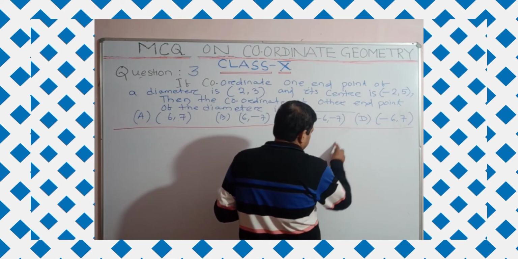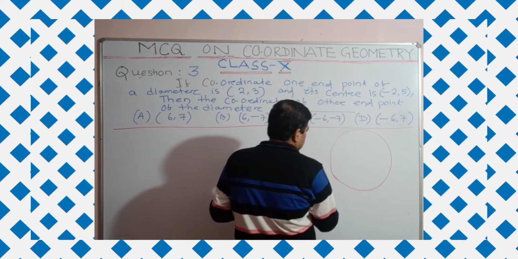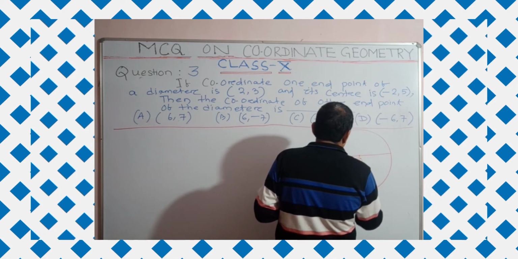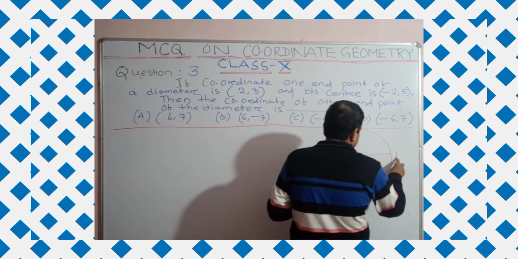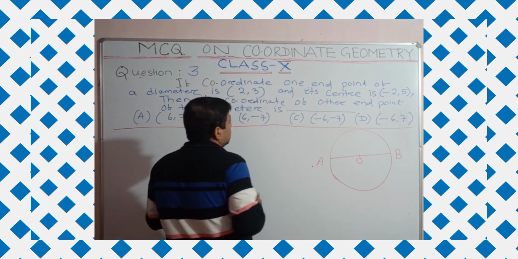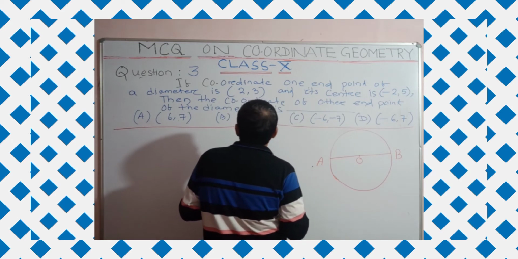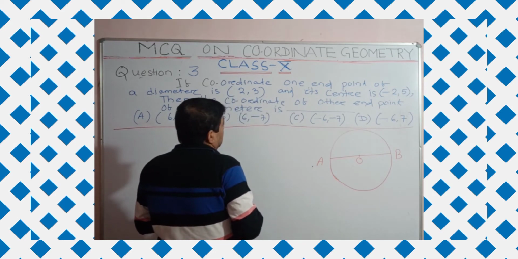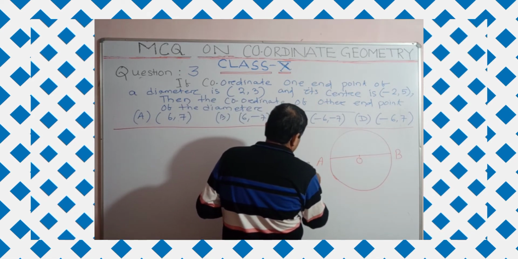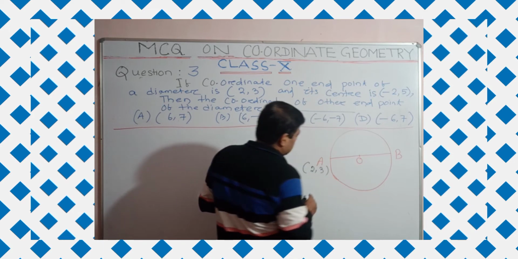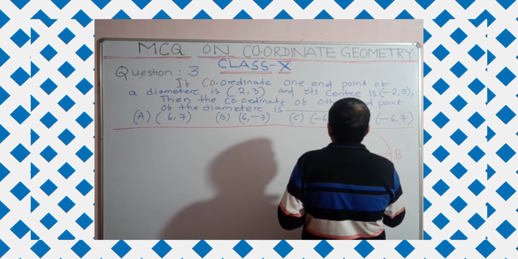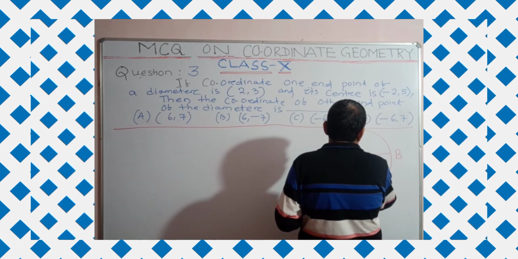Let us draw a circle first. This is a circle, and let AB be a diameter of the circle whose center is O. One end point coordinate is given: let the coordinate of A be (2, 3), and the coordinate of the center is (minus 2, 5).